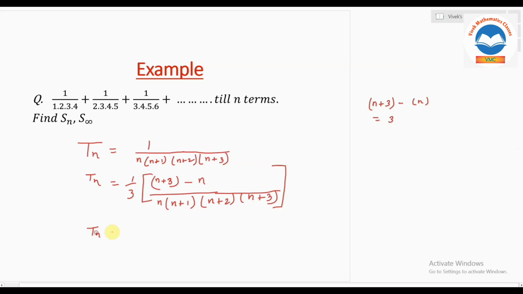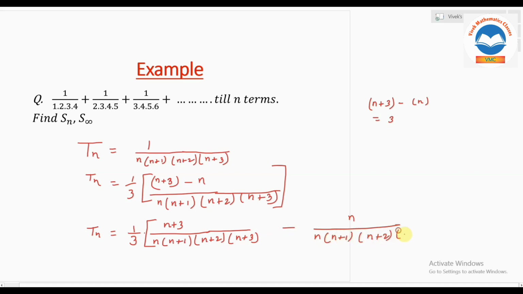Tn we can write as 1 by 3 and n plus 3 divided by all the things, n into n plus 1, n plus 2, n plus 3, minus n divided by the same thing, n into n plus 1, n plus 2, n plus 3. If you see, in the first term n plus 3 will be cancelled out. In the second term, n will be cancelled out.